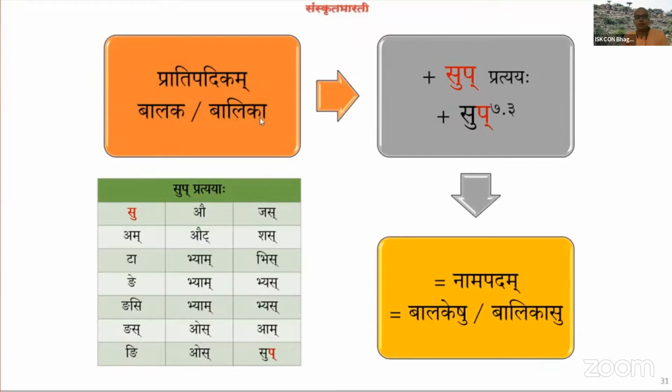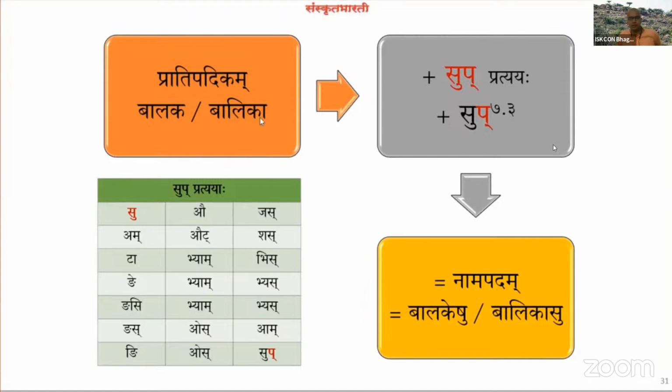So here is Pratipadikam, that is Balaka, Balika, and when it is added with Sup Pratyay, then it becomes a Pad. It becomes Balakesu, Balikasu, like that.